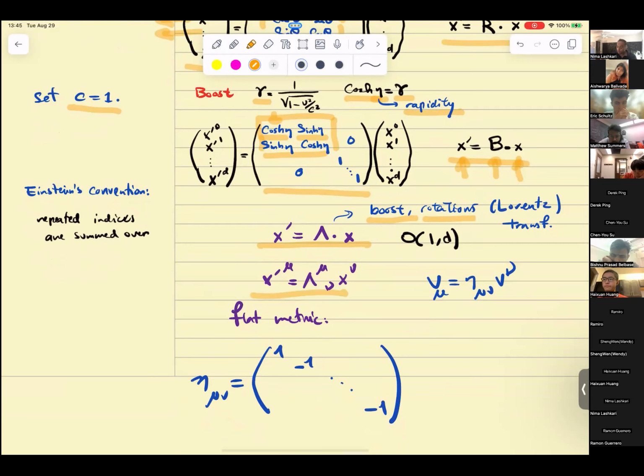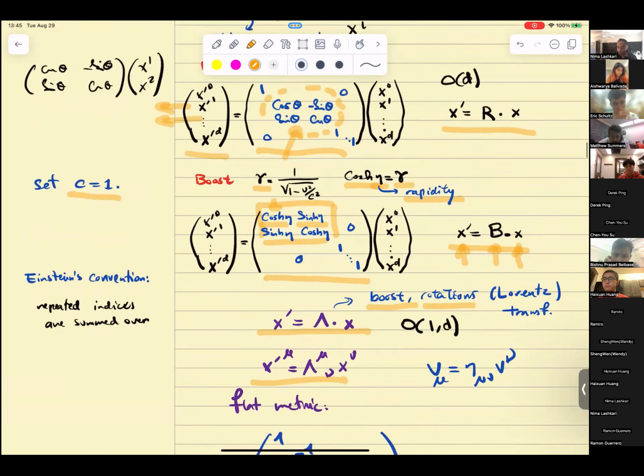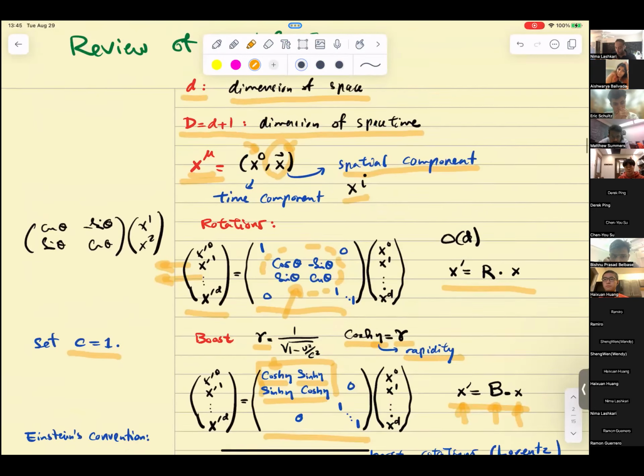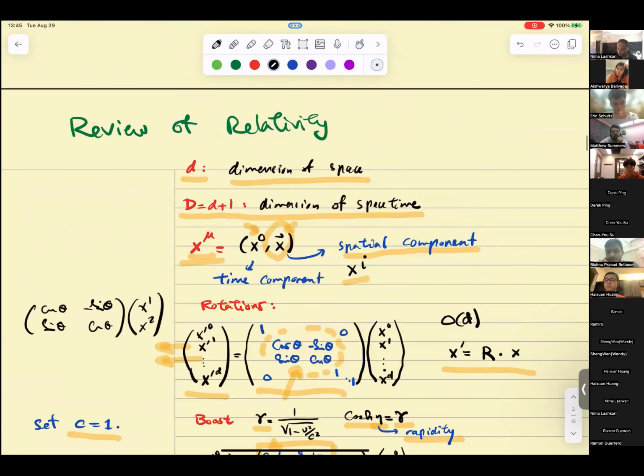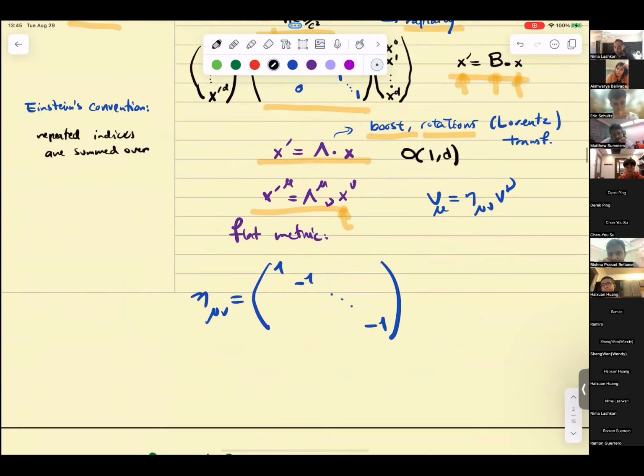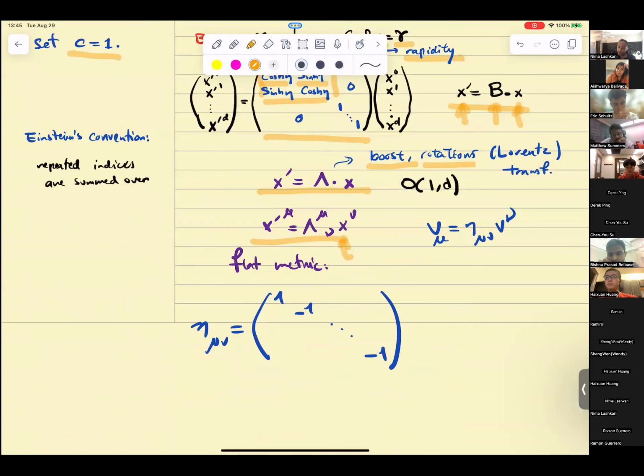Now, we often use the covariant language I was describing here, right? If you have a vector like this, oh sorry, I think I should put the transpose here. So here's your x^mu, your initial 4-vector or (D+1)-vector.